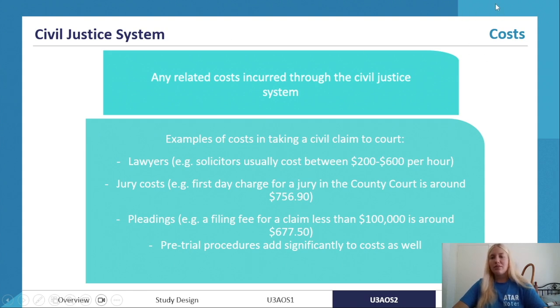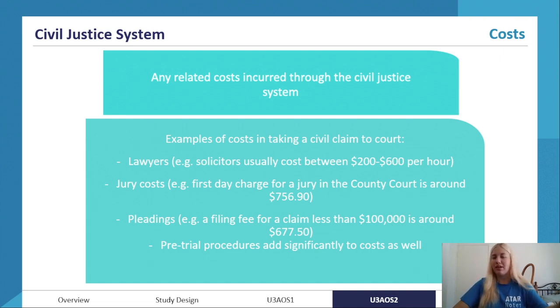Okay. Pleadings, pretrial procedures, paying for the lawyer the whole time, paying for legal advice, etc. Now, what's the biggest consideration when it comes to costs is that even if you're successful as the plaintiff, you prove that the defendant is liable, and you get damages, so you get paid back the money that you were trying to sue the defendant for, the judge will give something called an adverse cost order to the losing party.